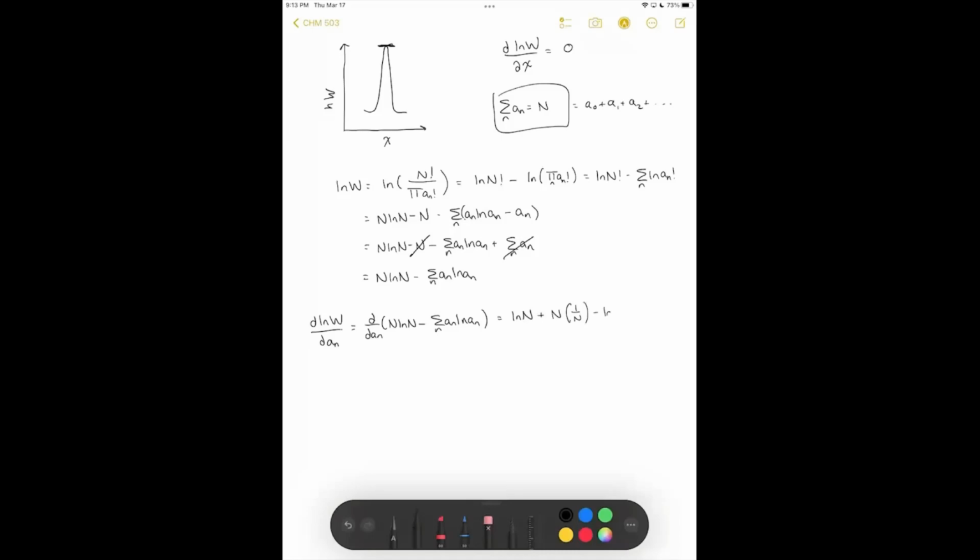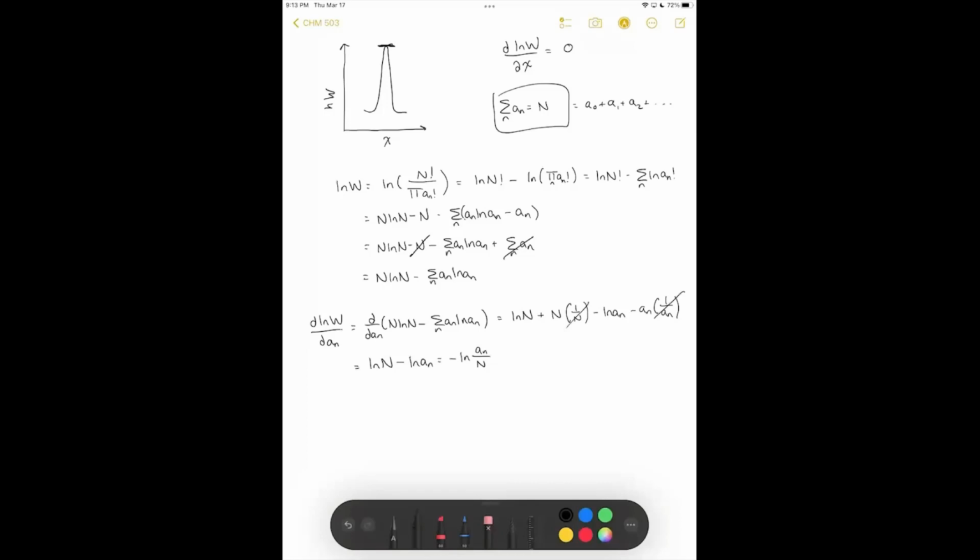That'll give us minus natural log of a sub n, and then we also have minus a sub n times 1 over a sub n. So these will both give us 1. They'll cancel out. And our derivative of the natural log of the weight with respect to a sub n is simply the natural log of n minus the natural log of a sub n, which is equal to the negative natural log of a sub n over n.